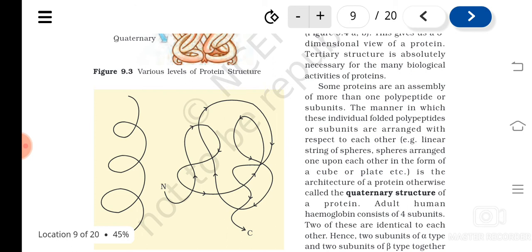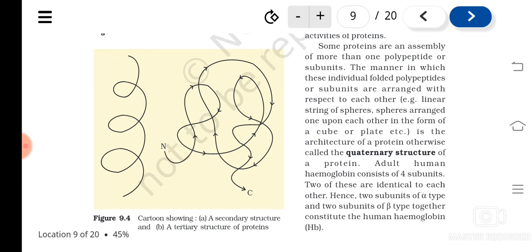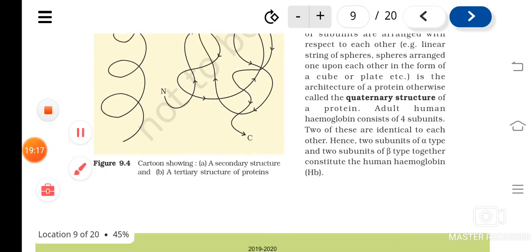The manner in which these individual folded polypeptides are arranged with respect to each other gives the quaternary structure. So about the different structures of proteins, I hope you clearly understood.